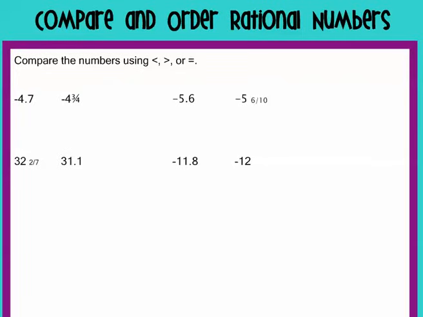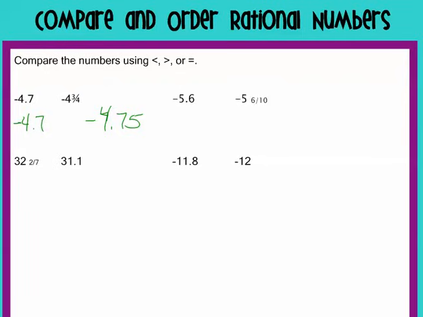So in this case, if you want, you can change that negative 4 3/4 to a decimal, and that would be negative 4 and 75/100. Think about quarters here. And now we can do our comparison a little more easily. You see that we have negative 4 7/10 compared to negative 4 75/100.